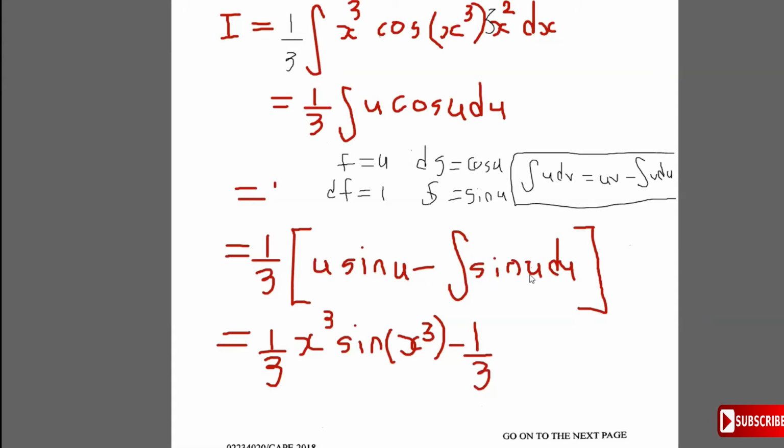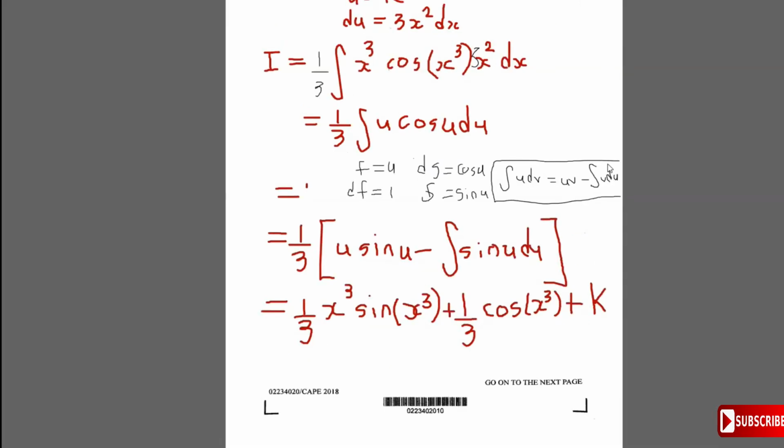Then the integral of sine u is minus cos, so it becomes plus 1 over 3 cos u. But remember, u is x cubed, so it's plus 1 over 3 cos x cubed, plus some constant of integration. I can call that k. That's how we do that question.